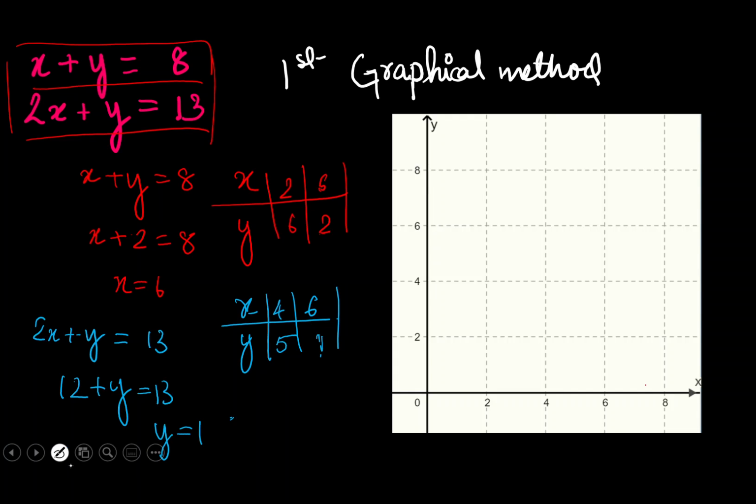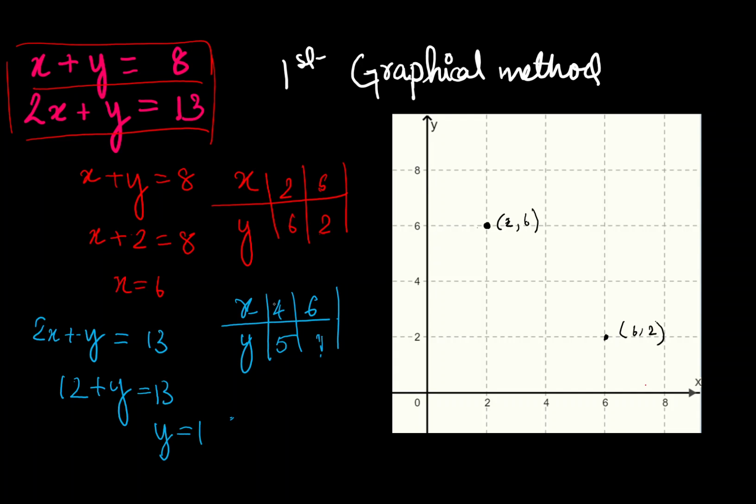Let me plot these points on this graph. x is 2, y is 6, so that is (2, 6). One point is here, and the other one is the opposite, (6, 2).